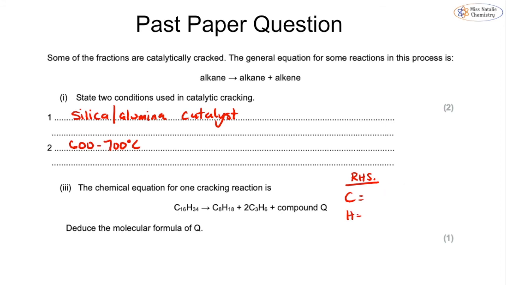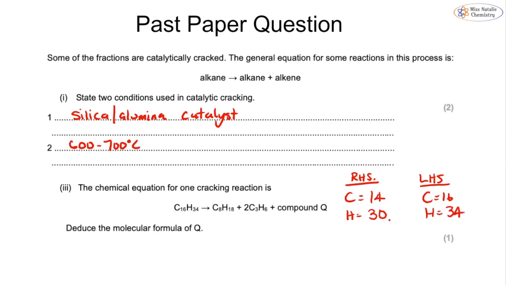So I've got 8 carbons plus 2 times 3 is 6, giving me 14. Then I have 18 hydrogens plus 2 times 6 is 12, so 18 plus 12 is 30. And then my left-hand side, I know is 16 and 34.